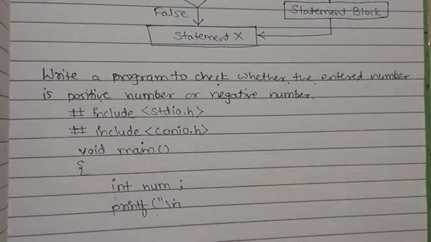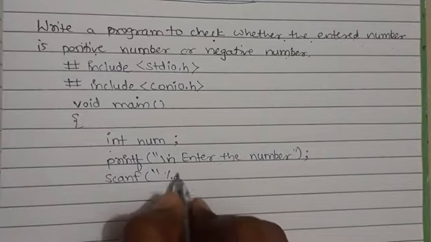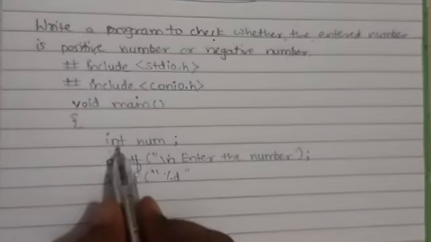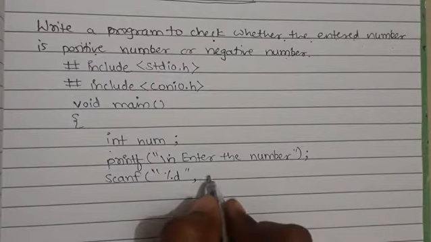After this we have the scanf function, which is used to take the value from the user. Within the double quotes we write %d, which is the format specifier for integer data type. Then the double quotes close, then a comma, then ampersand num.